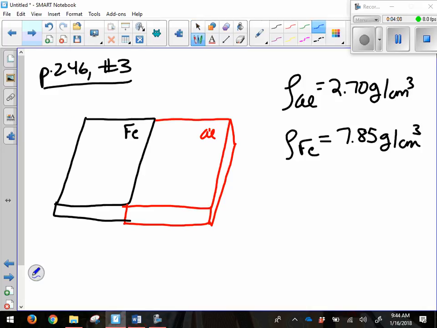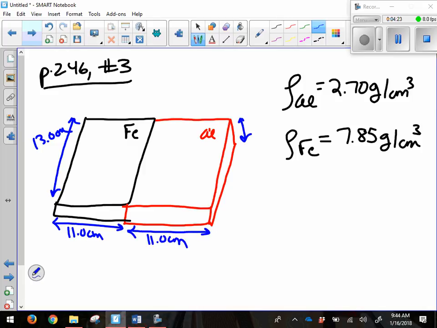And we have dimensions. We know that this is 13 centimeters. These are 11.0 centimeters. And this height is 2.80 centimeters.